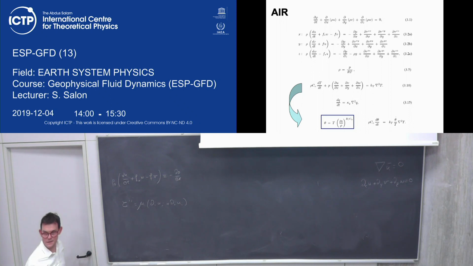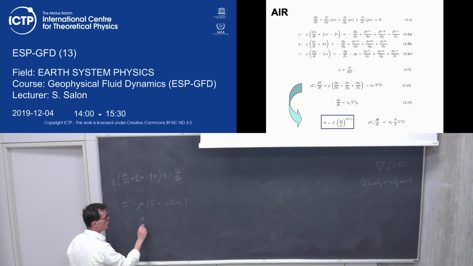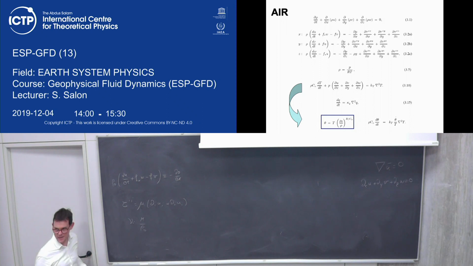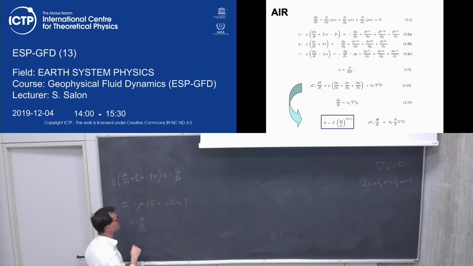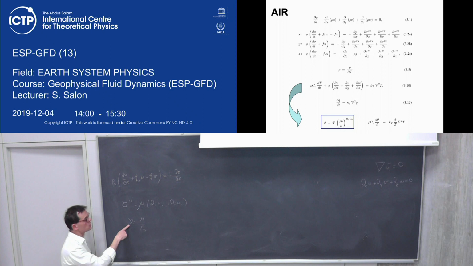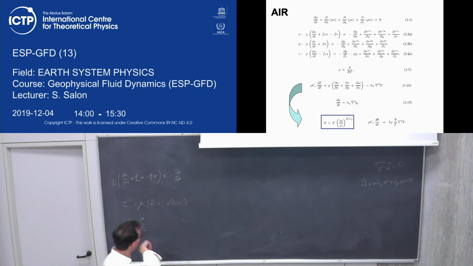Dynamic viscosity. Then mu over rho 0, which we will call nu, is the kinematic viscosity. What we will use mostly is the kinematic viscosity, which is larger in air than in seawater. We will see the numbers later.